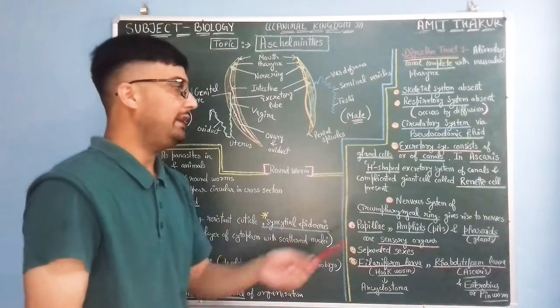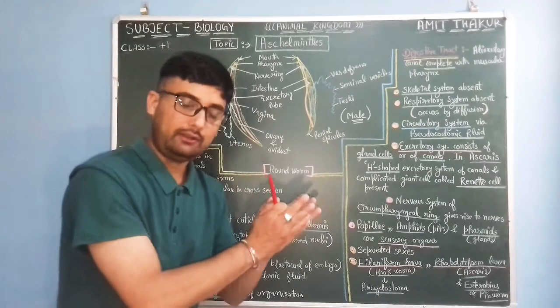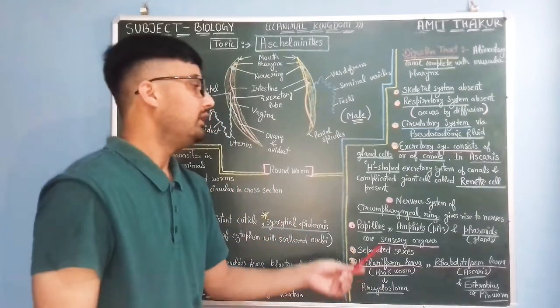So whenever a question comes, gland cells and renette cells are associated with the excretory system or excretion.